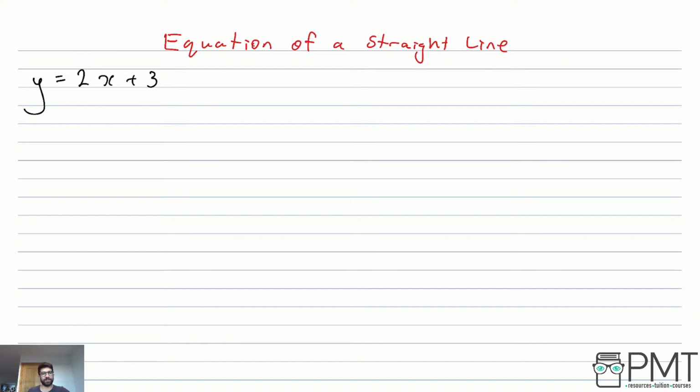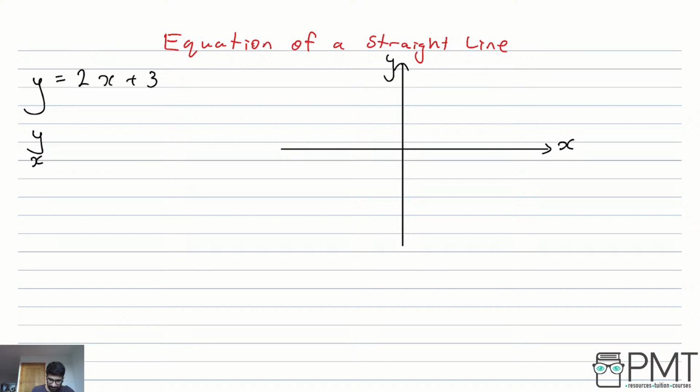If we want to plot or sketch this, when you have an equation and want to put it on the x, y axis, you can use a small table. The equation gives you values of y as you input x values, or you could do it the other way. But since we have y equals, with y on its own, let's put some x values in.